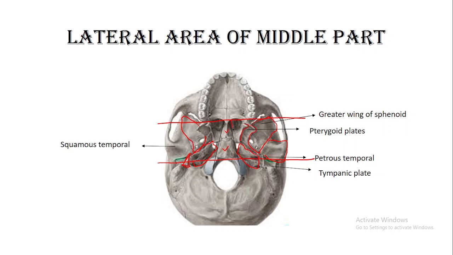So basically two major bones are seen in the lateral area: the sphenoidal bone, with the pterygoid plates and greater wing of sphenoid, and the temporal bone, which has three parts seen in norma basalis. First is the petrous temporal, second is the squamous temporal, and third is the tympanic plate of temporal bone. So these are the major bones or structures seen in the lateral area of the middle part of norma basalis.